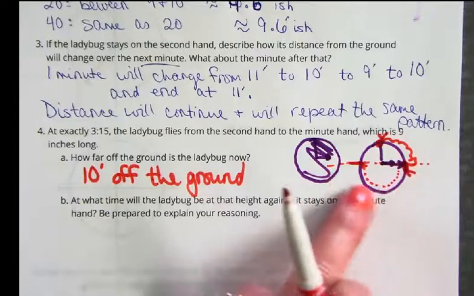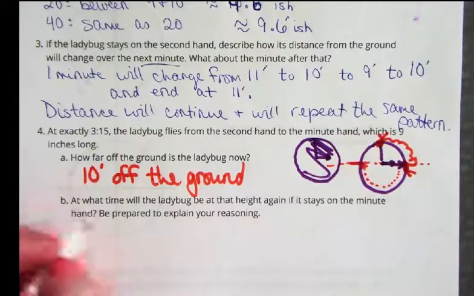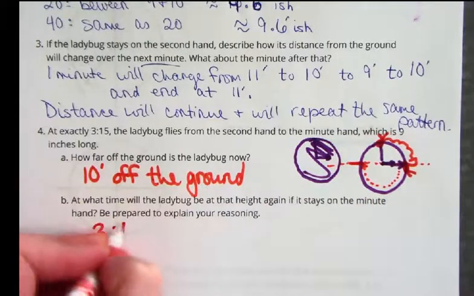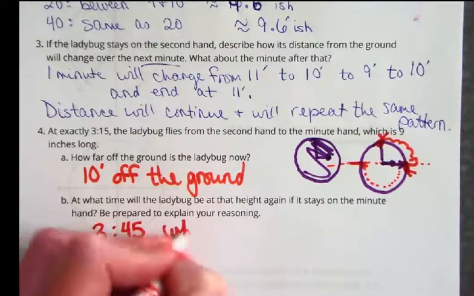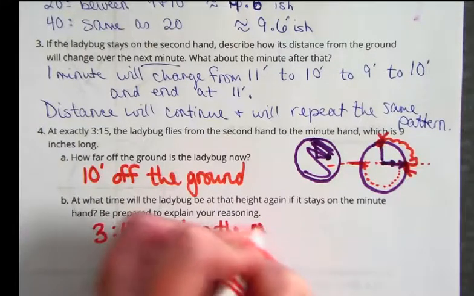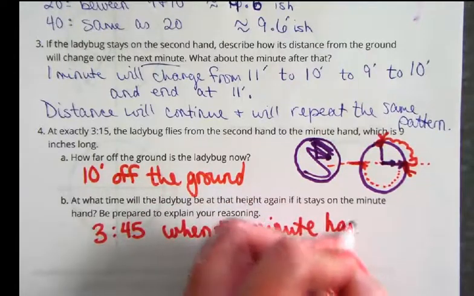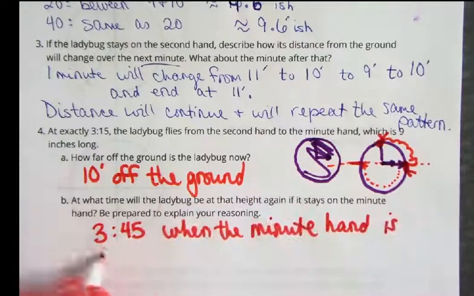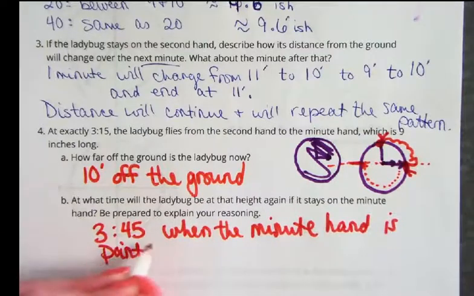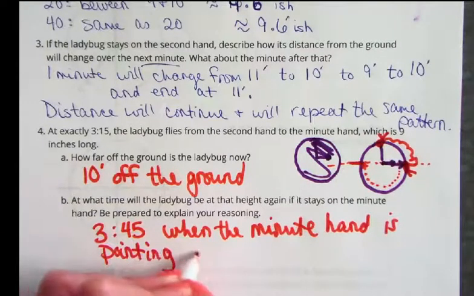The minute hand needs to swing over to this side. So that would be at 3:45, when the minute hand is pointing straight left.